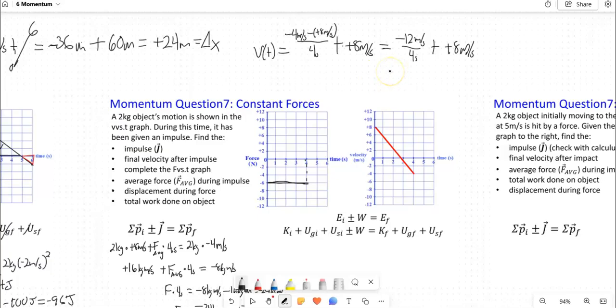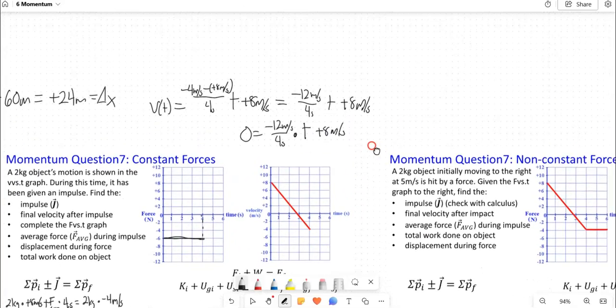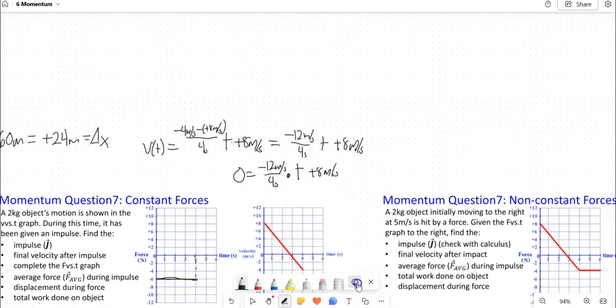So, all right. Well, where it crosses the line, we're going to call that 0 velocity. So negative 12 meters per second over the period of 4 seconds, multiplied by what we're solving for, t, plus 8 meters per second.